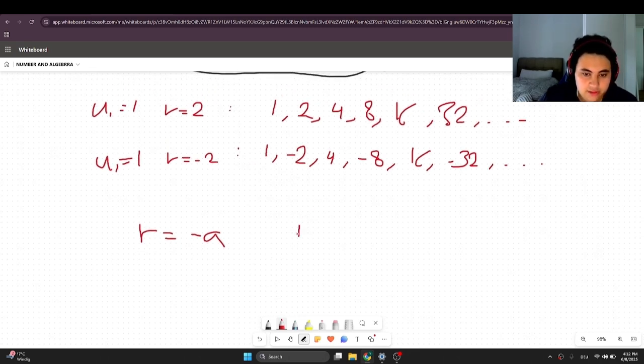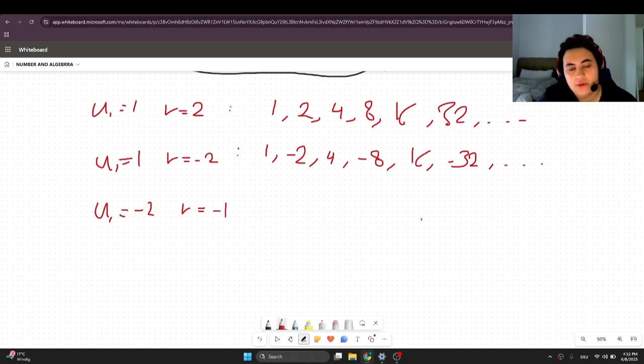This term is positive, then the next one is negative, then positive, then negative, and so on. So that's the difference. In geometric sequences, if your common ratio is negative, then your terms are going to be alternating. Now, of course, you can have U1 equal to negative 2 and R equal to negative 1, for example.